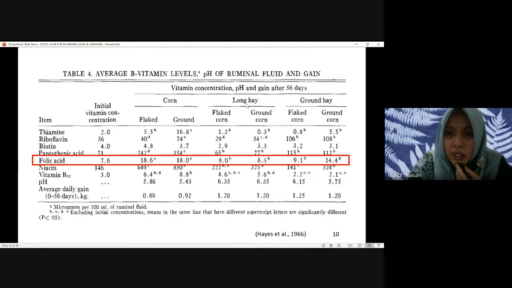And also the long hay and ground hay seem to show a very slightly increased amount of folic acid. So from this table, I would like to show that corn or concentrate will produce a higher concentration of folic acid compared with hay. And comparing with the initial folic acid, we can say that in the rumen there is the possibility of production or synthesis of folic acid by rumen microbes.